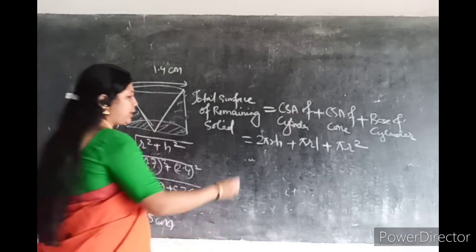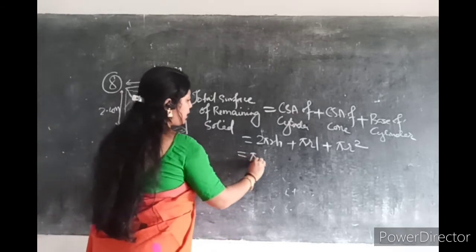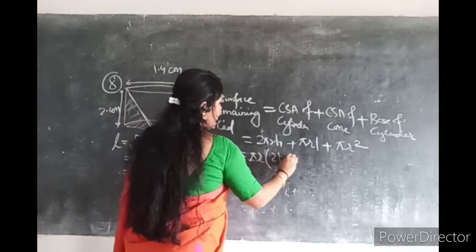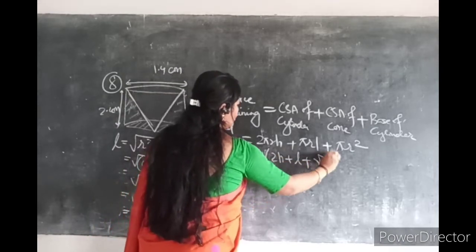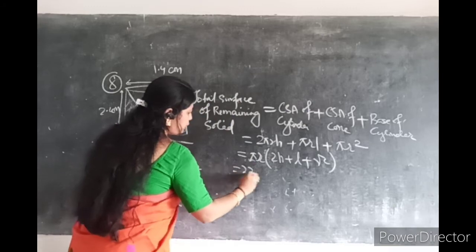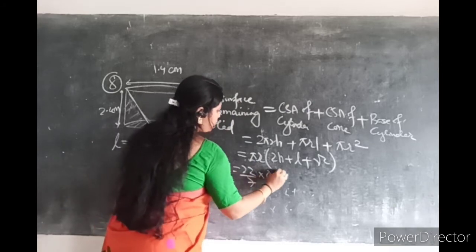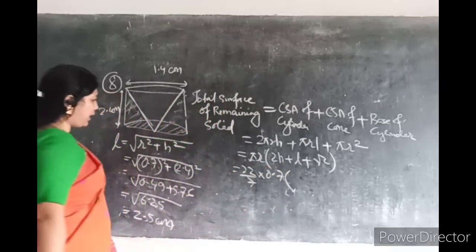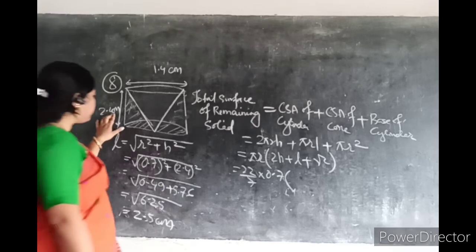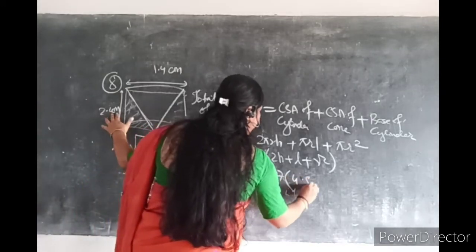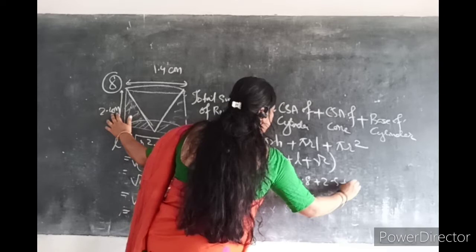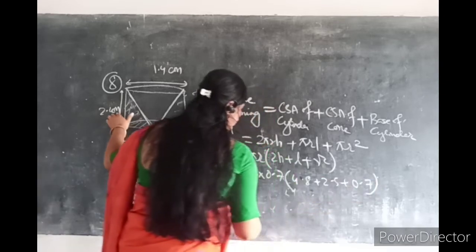Okay. So what can we take common here? Pi and r. So pi r into (2h plus l plus r). Radius is 0.7. 2h, that is 2 times 2.4, will be 4.8, plus 2.5 plus 0.7.